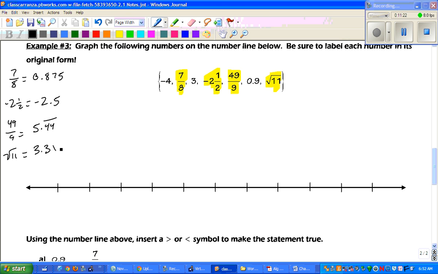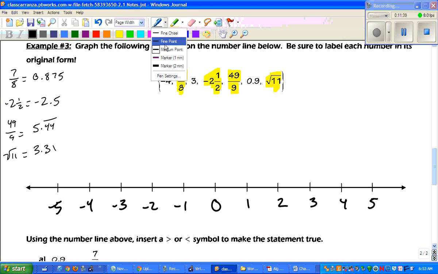So now that we know what those numbers are, we need to graph them on the number line. And to graph them, we need to write down what each one of those dashes mean. And now we can start graphing. So our first one, -4, I'm going to put a dot where it's at, and then I'm going to label that dot. Okay, 7/8 is 0.875, so it's almost to 1, but there's just a little room.